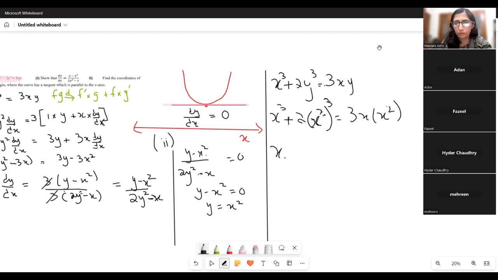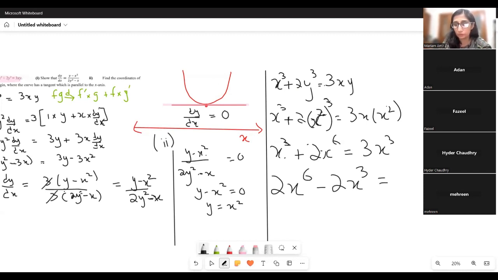So we're getting x cubed plus 2 times, that's x squared power 3, which is x power 6, equals 3x cubed. Okay, it's going to be 2x power 6 minus 2x cubed equals 0.